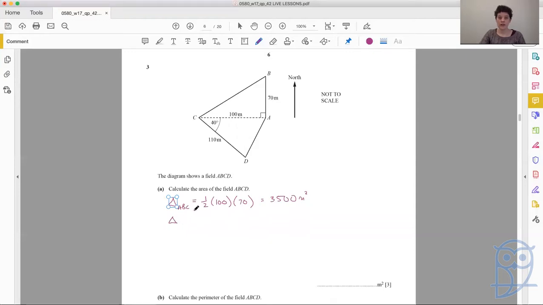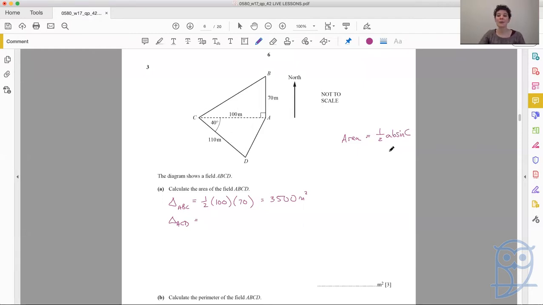Triangle ACD, well, now we can't use half base times height because we don't have any perpendicular relationships here. So how is the other way that we can do the area of a triangle? The area equals 1/2 ab sine C. C has to be the angle between the sides a and b, and look at this, we have side, angle, side.